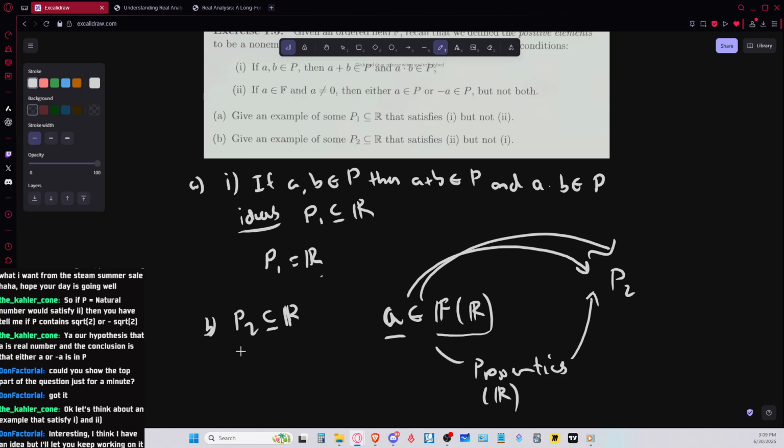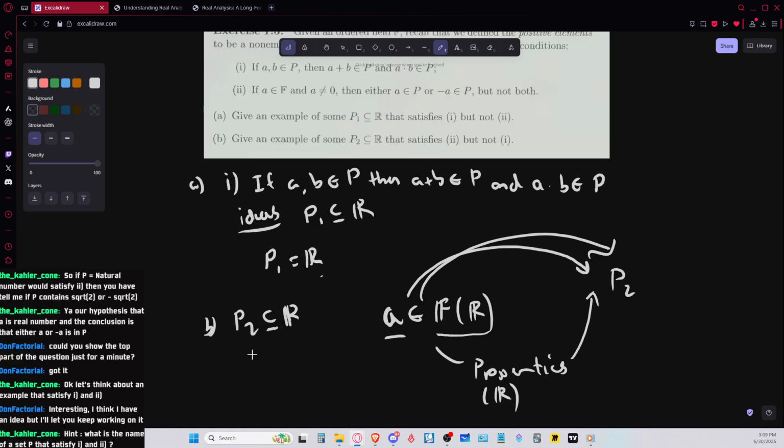So now we have to think about what fulfills 2 here. So what fulfills both sets? I keep going back to A because we got A correct. So I'm trying to think about why the real numbers work for 1 but not for 2, and now I have to think about what works for both 1 and 2.